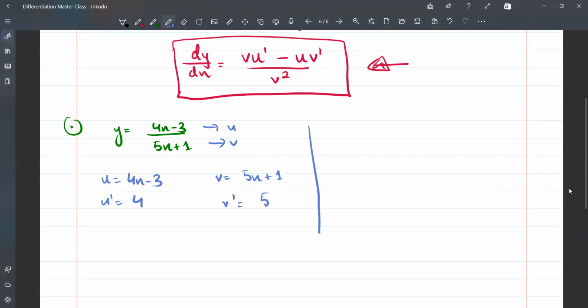Now just apply this. dy over dx is equal to vu dash minus uv dash upon v square.